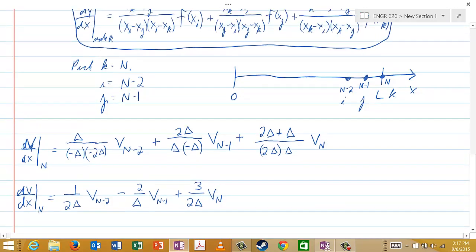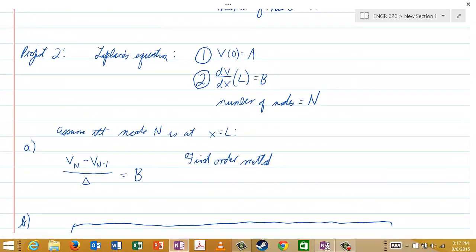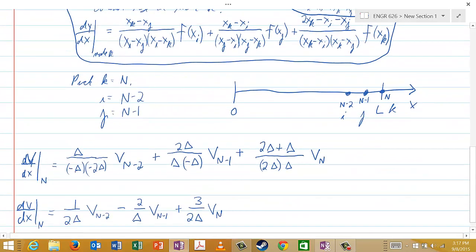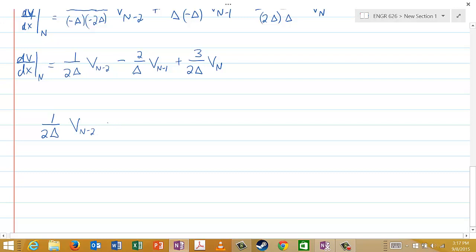And remember, we want to be setting that derivative dv dx at node n equal to b. So our final equation for part B will be 1 over 2 delta v sub n minus 2, minus 2 over delta v sub n minus 1, plus 3 over 2 delta v sub n, equals b.